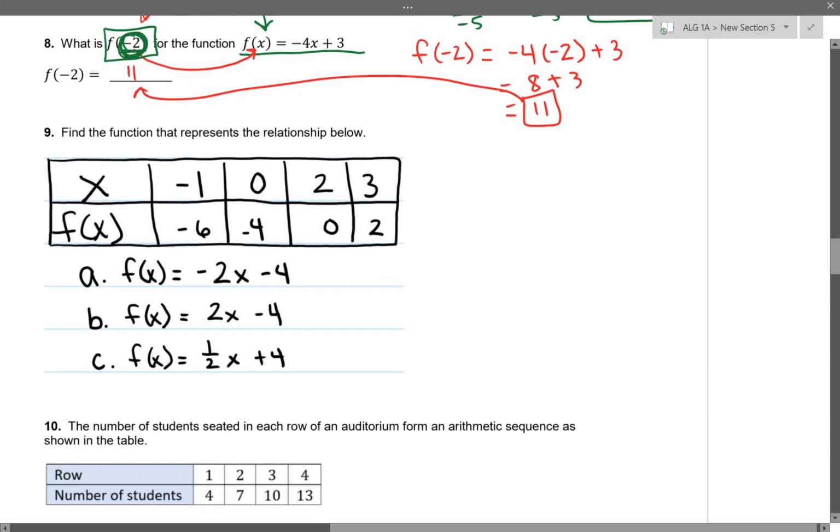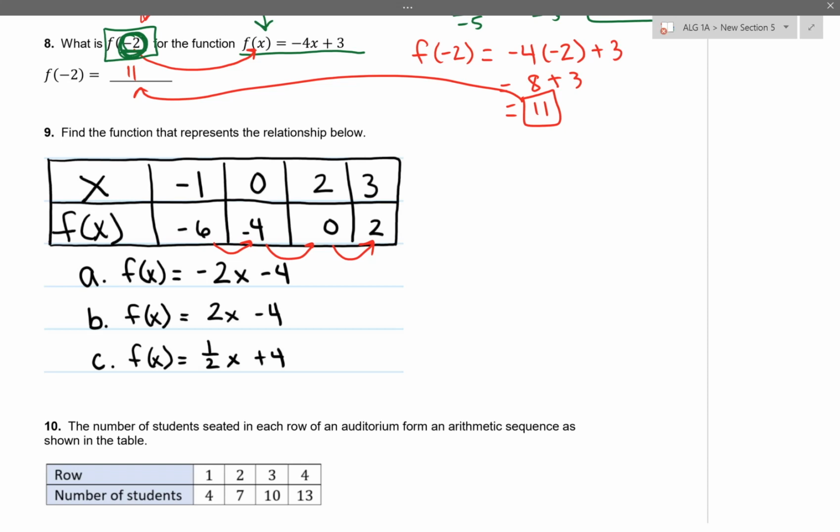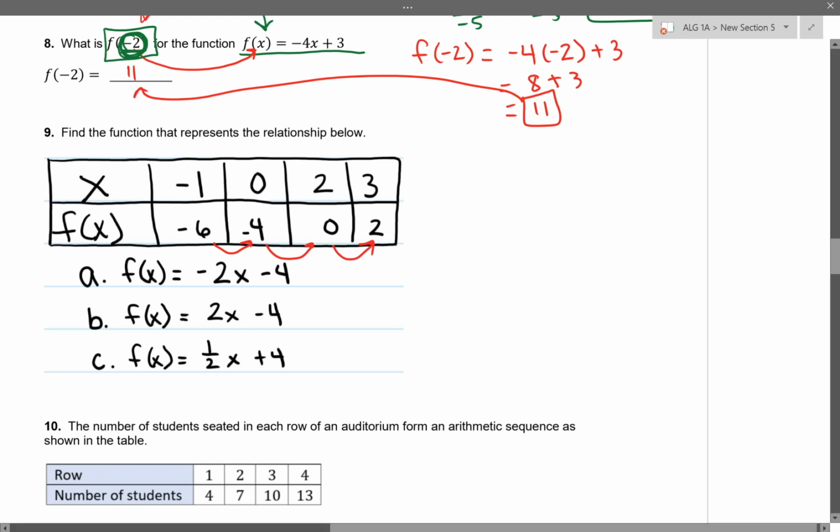Alright, number 9. Find the function that represents the relationship below. So here's how this problem works. We need to find the pattern. So what is the pattern here? What is each one going by? Well, negative 6 to negative 4, 4 to 0, 0 to 2.